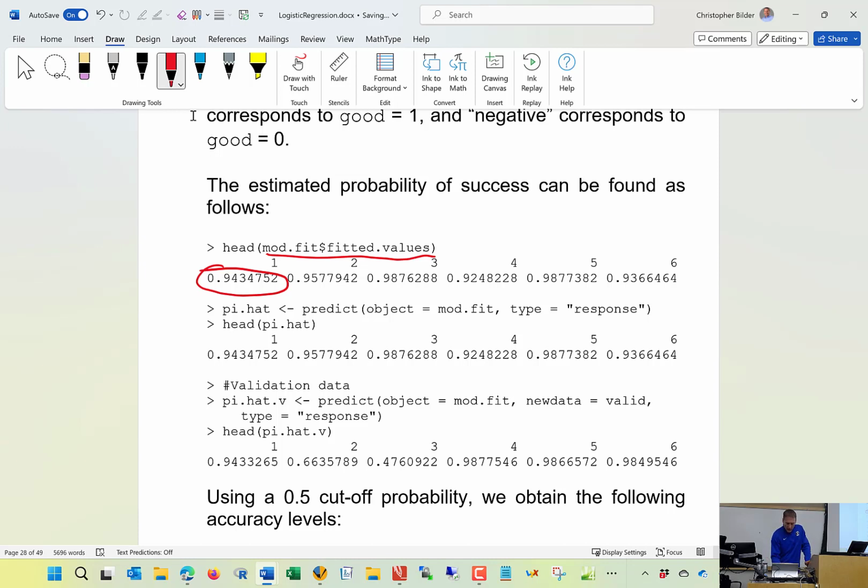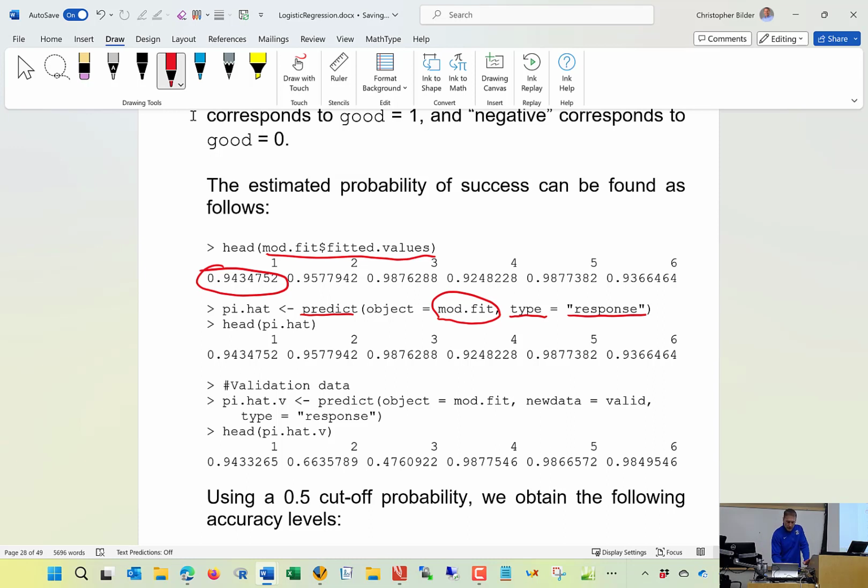There's a more general way that we will primarily use to do this, which is that we can use the predict function. So I say predict, object equal to where my model fit information is located, and then the type. I want to predict the response, in other words, essentially the probability of y equals 1 or y equals 0.